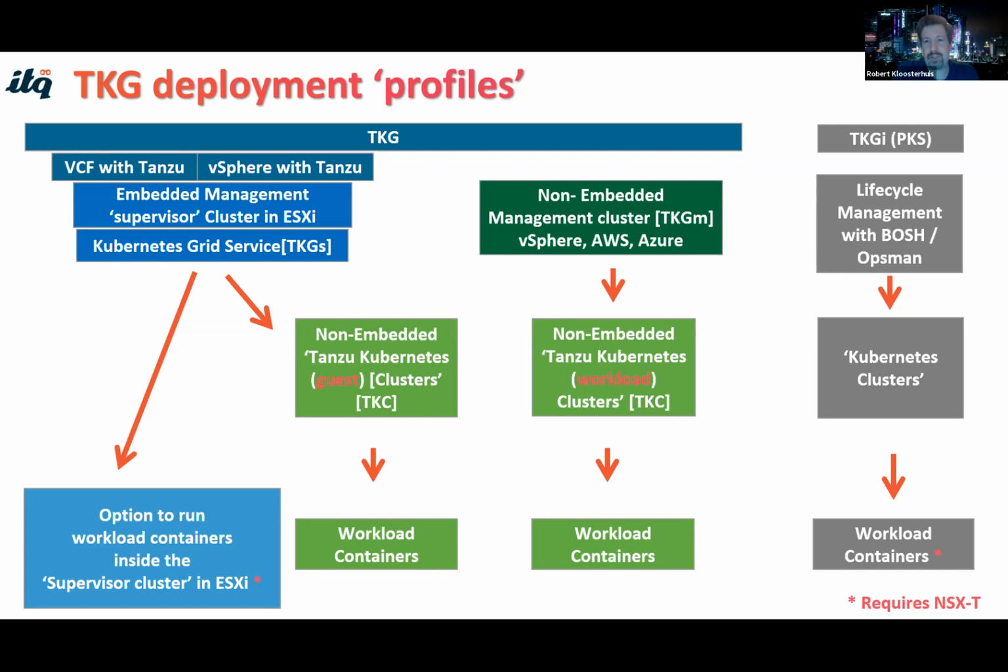And I have to mention this because it's still part of our landscape at the moment. Tanzu Kubernetes Grid I, for Integrated Edition, is what used to be Pivotal Container Services. It is also a managed Kubernetes offering, but it's an older one. It's one that was developed originally by Pivotal.